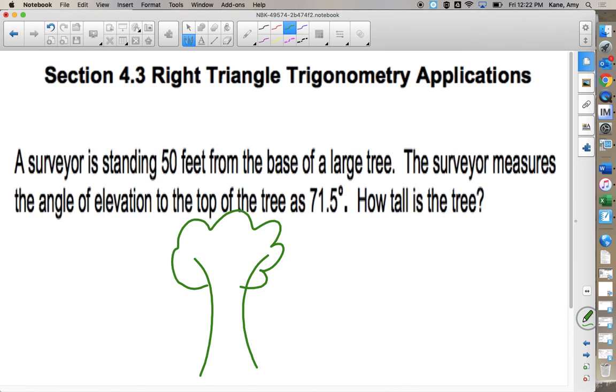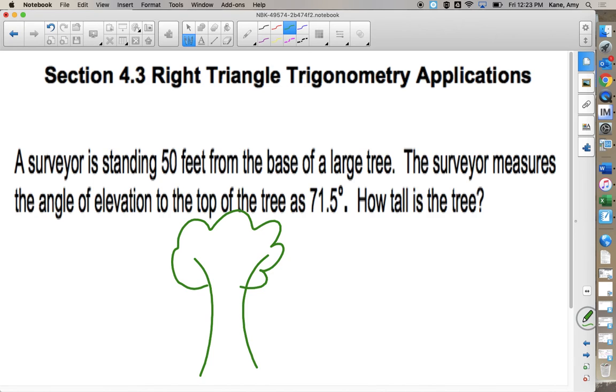A surveyor is a person who literally walks around with a special tool in his hand and measures things, like angles and stuff like that. That's his job. If he's standing 50 feet from the base of the tree, where is he? Where would 50 feet from the base of the tree be?